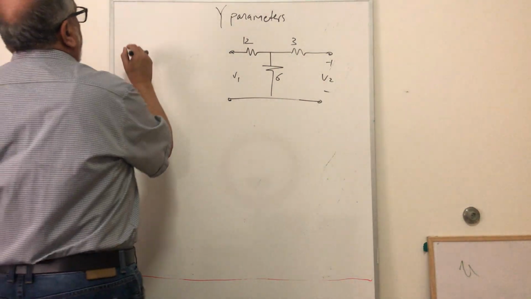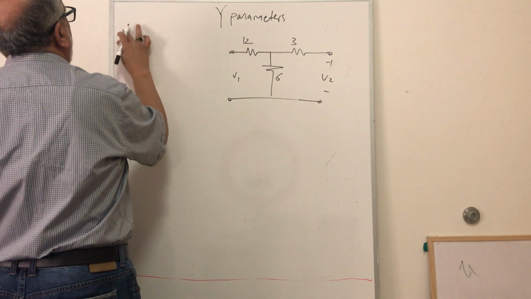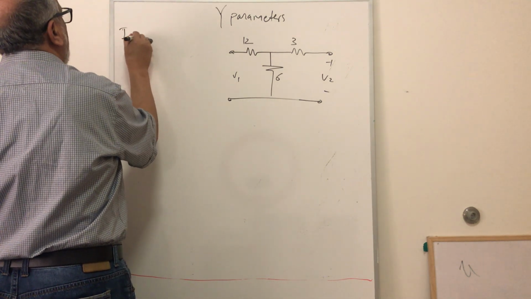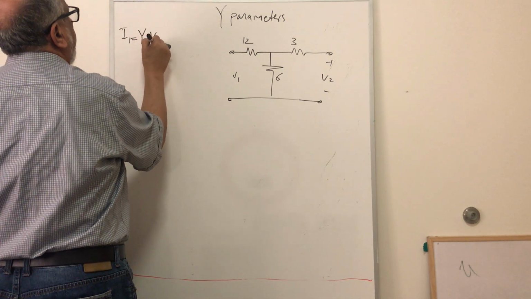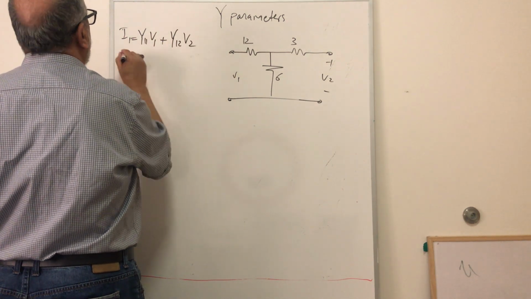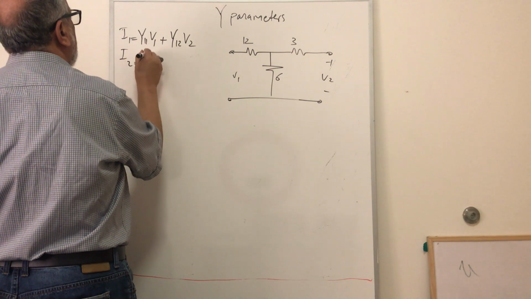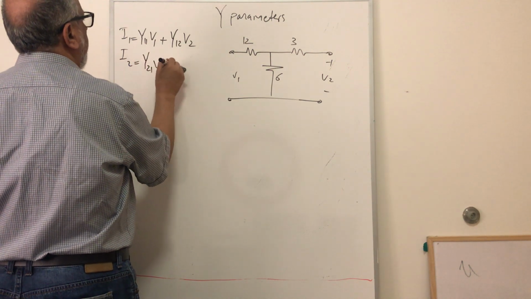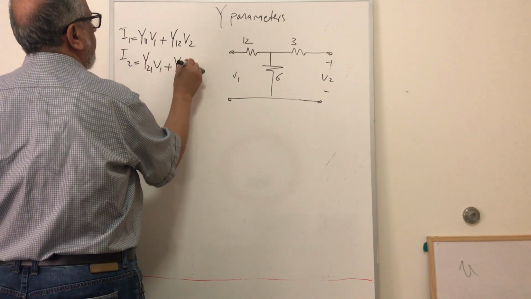So as I said, I1 equal to Y11 V1 plus Y12 V2, and I2 equal to Y21 V1 plus Y22 V2.